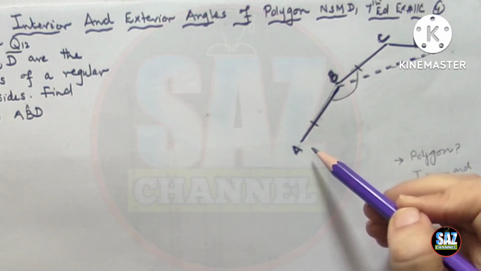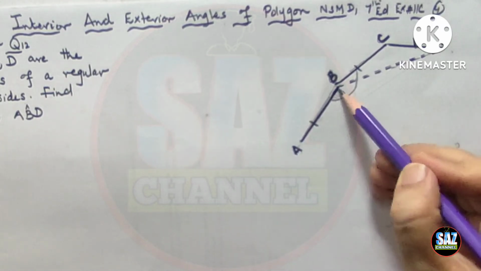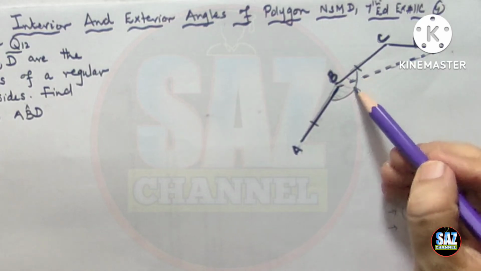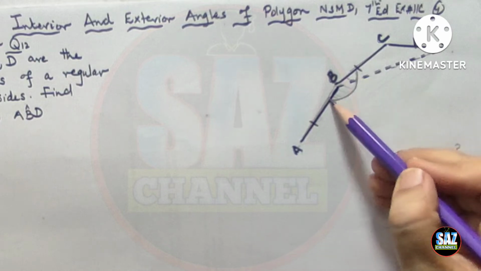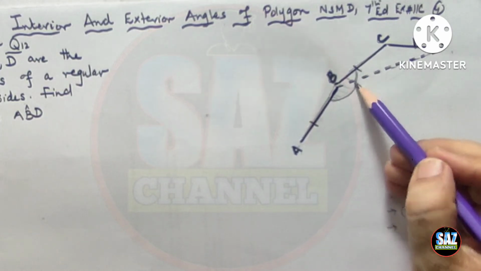But the problem is that if we look at angle ABC, this is the interior angle of a polygon which has how many sides? 20 sides.